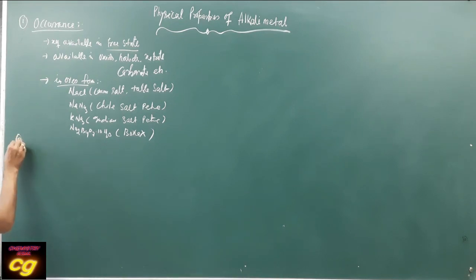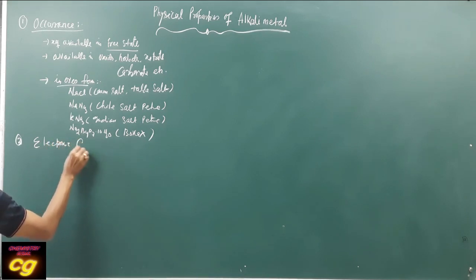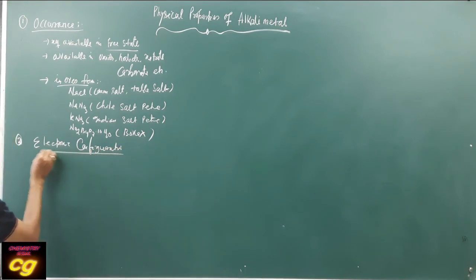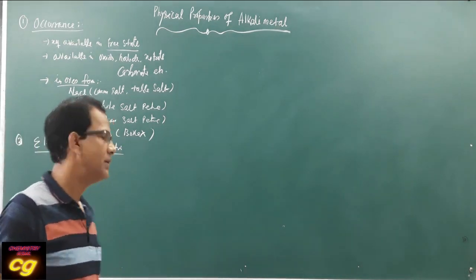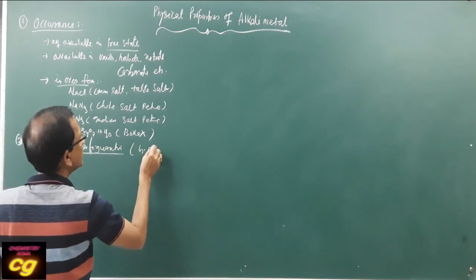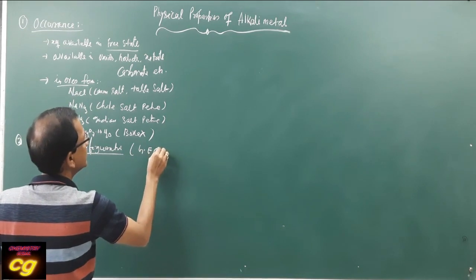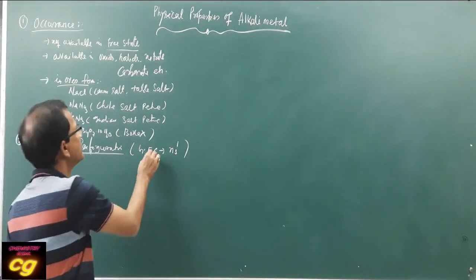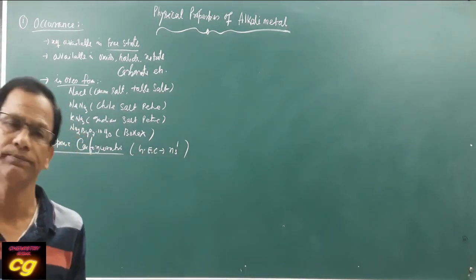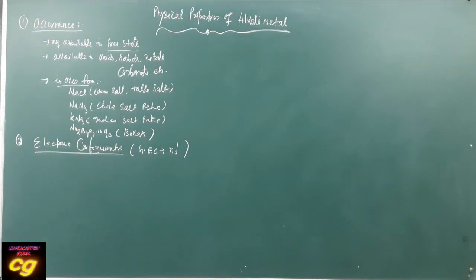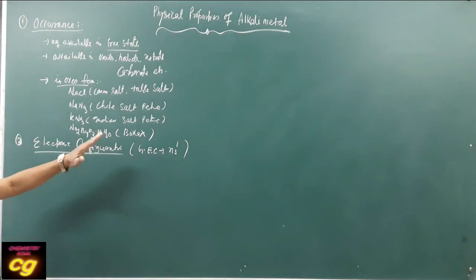Then the second property is electronic configuration. The general electronic configuration, GEC, is ns1. The outermost shell, the valence shell, contains 1 electron. All have ns1 configuration.